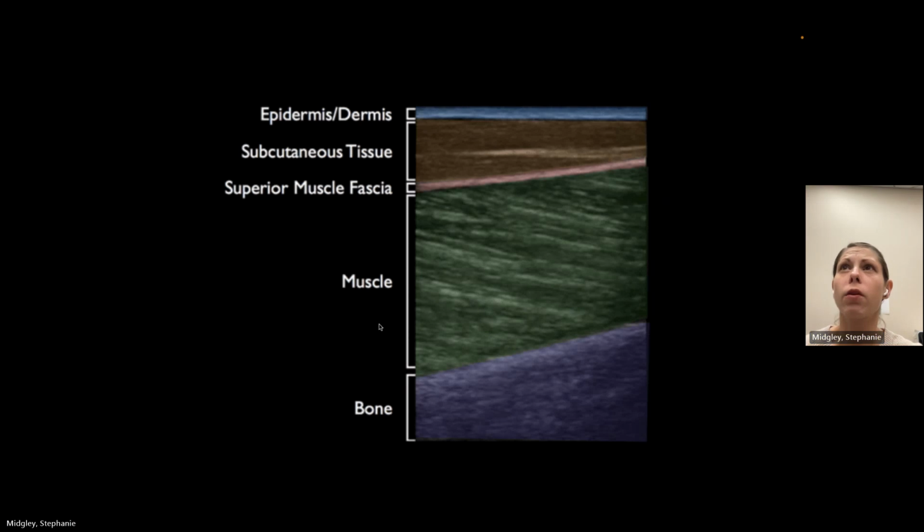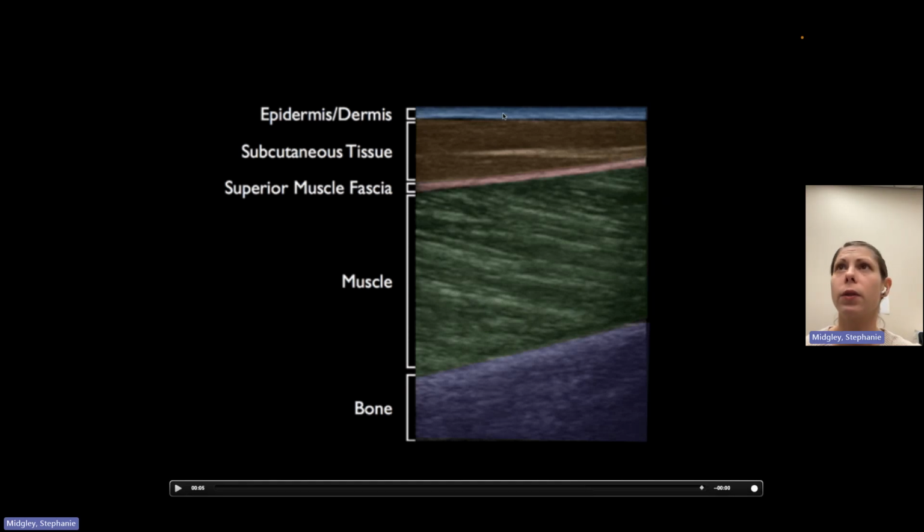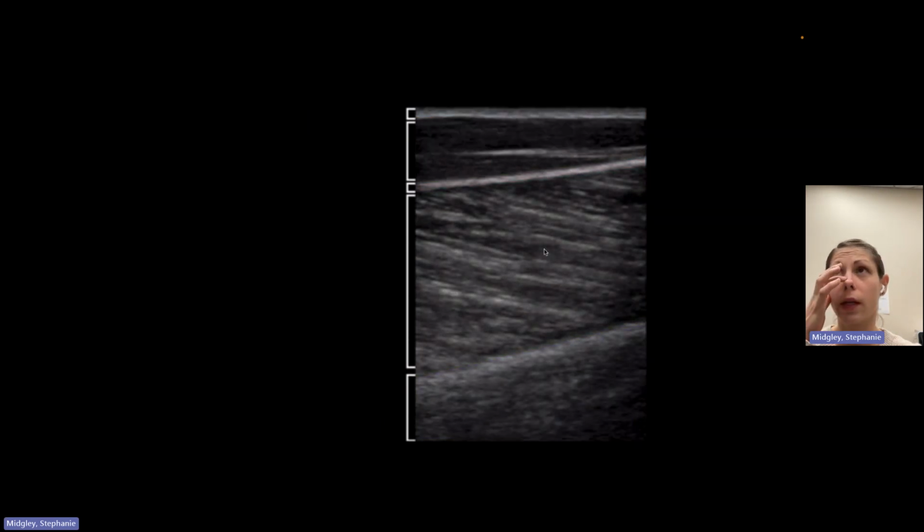Ultrasonographically, you're going to have your epidermis on the top, your subq, your superficial fascial layer, and then your muscle. This is what it looks like. Muscle looks nice and striated, just like marbling on a steak. Here's your bone. Again, this is that important layer you want to look at when it comes to cellulitis and NSTIs. This is your subq layer, which will become important when we talk about cellulitis.